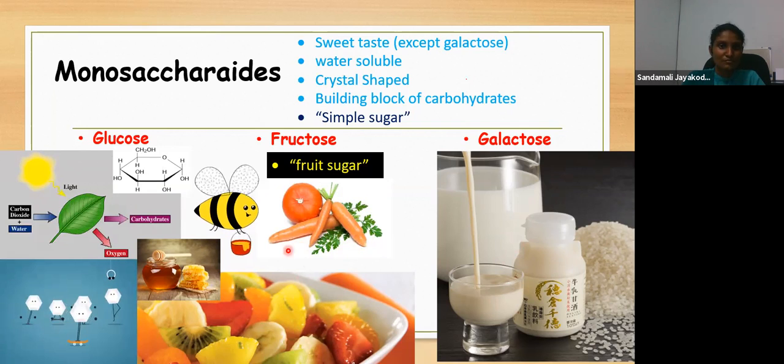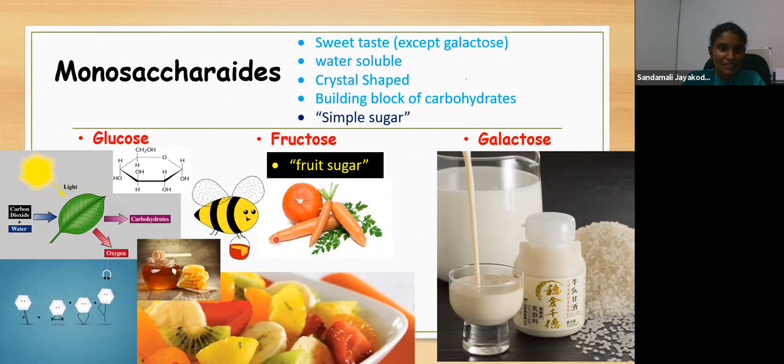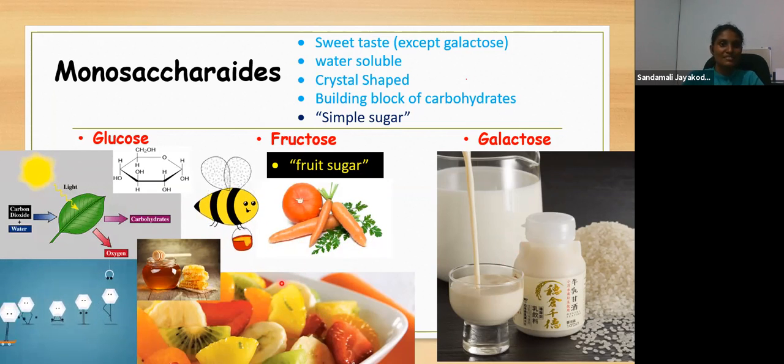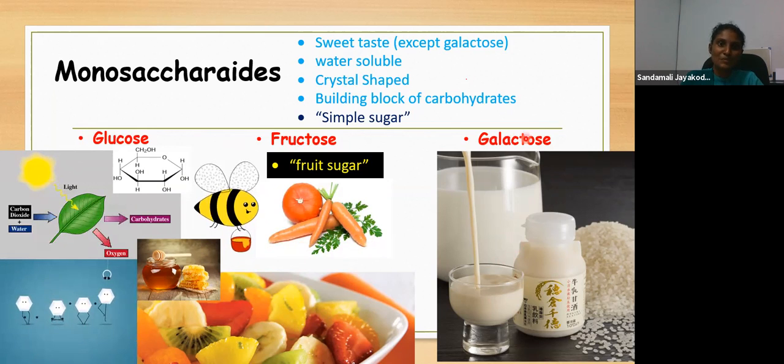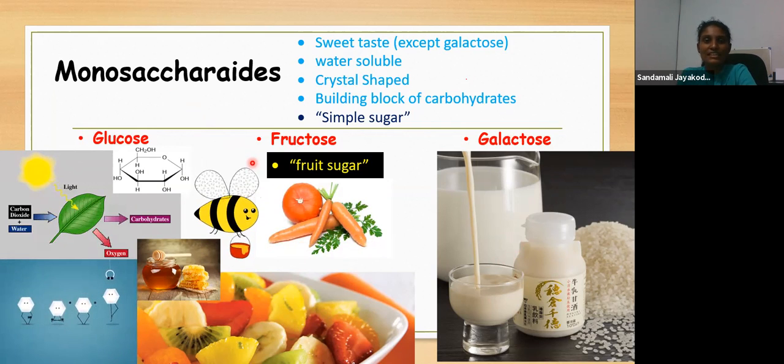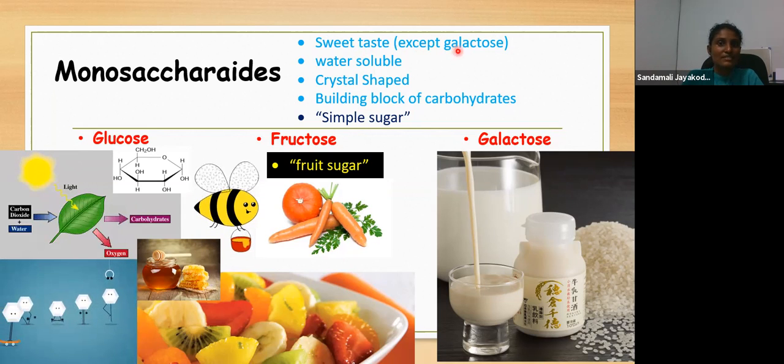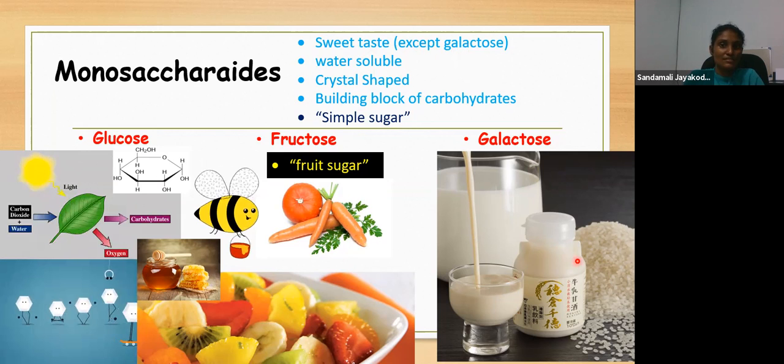Glucose is also fine here, but the image is not given. So glucose, fructose, galactose are the monosaccharides as we learn in this table. You can see they are sweet in taste, but galactose is not sweet in taste, and they are water soluble.